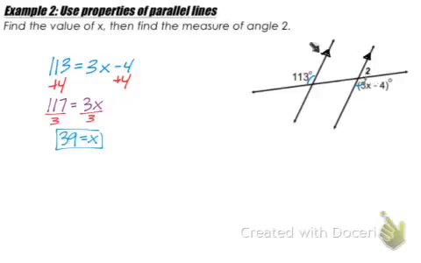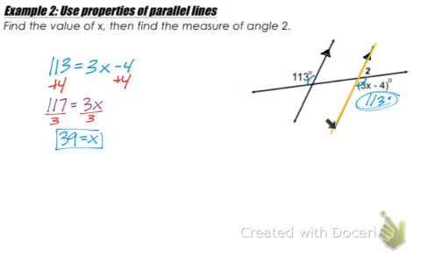Now we could have actually figured out what angle 2 is without finding the value of x, but since our directions want us to find the value of x, then find angle 2, we'll just follow the directions. So that whole angle is 113 degrees, because we already know that the two lines are parallel and the alternate exterior angles are congruent. Now on this line, we know that's a straight angle.